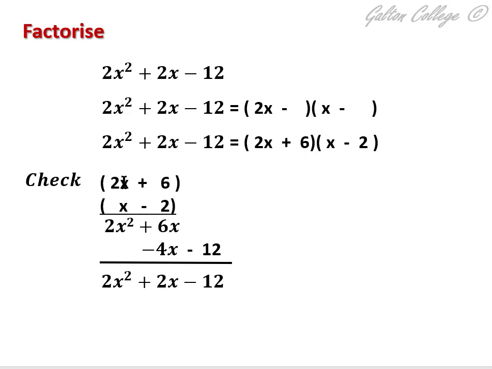Minus 2 times 2x is minus 4x. Minus 2 times plus 6 is minus 12. Add it up. So it's 2x squared, 6x minus 4x is 2x, and minus 12, which is where we started. So it is right.